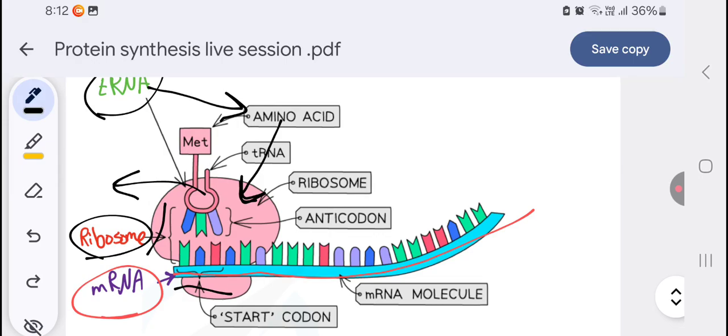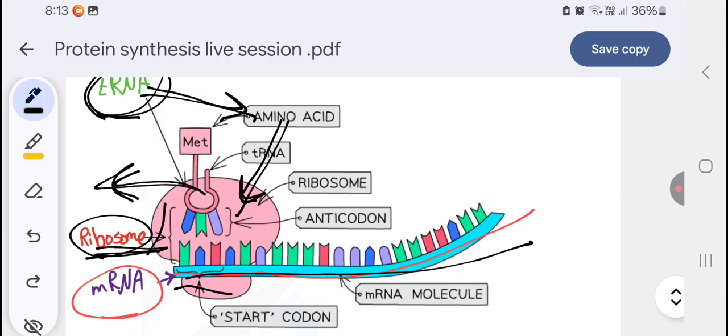So in this game, the ribosome moves along the strand of the messenger RNA. During this process, each transfer RNA comes to the ribosome, carrying its amino acid, drops it in the large unit of the ribosome, and leaves the ribosome.